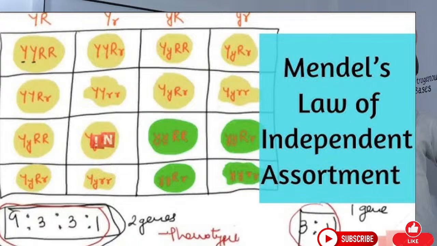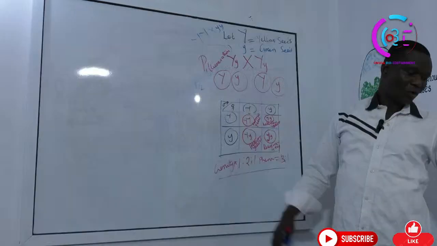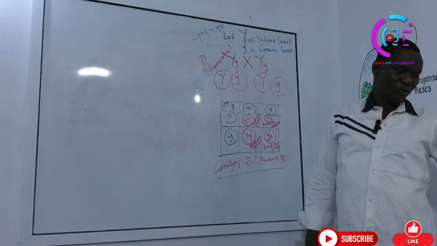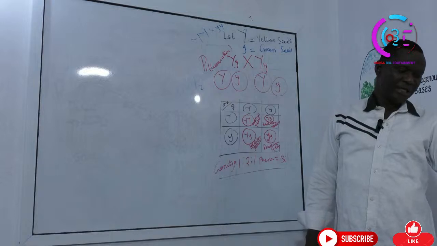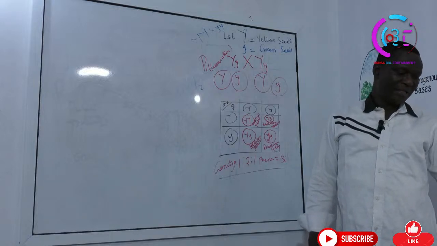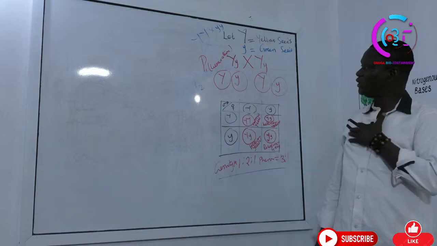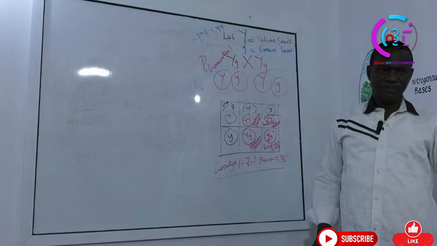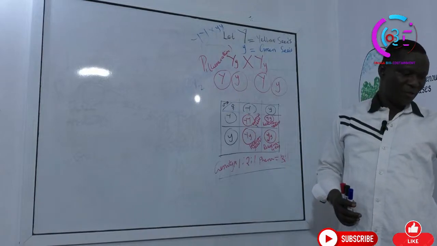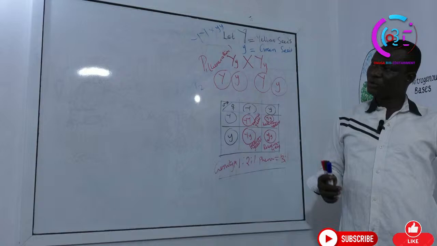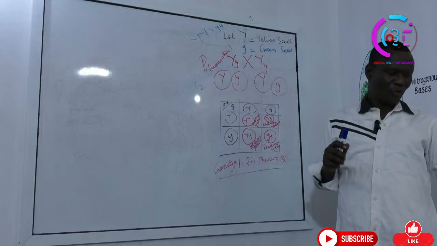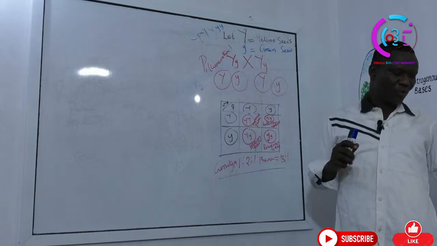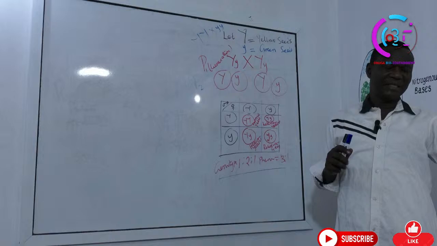So don't forget that in the first law, just like I said, you cross the yellow with green, and according to the first law, the law of segregation, the allele for that yellow is going to be in pair. Each of these will be represented in the gamete of the parents.